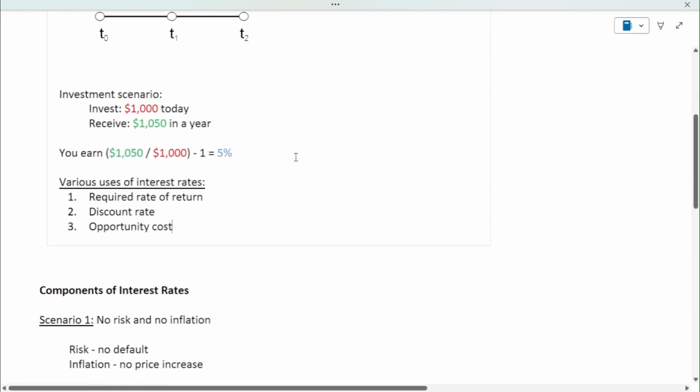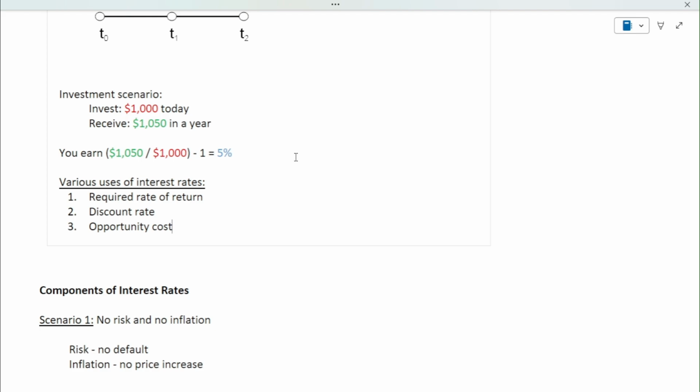Alright, now I want you to look at the scenarios that we are going to go through from an investor's point of view. Imagine yourself as an investor. You are offered an investment opportunity where you will have to invest $1,000 today and you will receive $1,050 in a year. Well, if you go through with this investment, you're going to earn 5%. That is the first interpretation of interest rate.